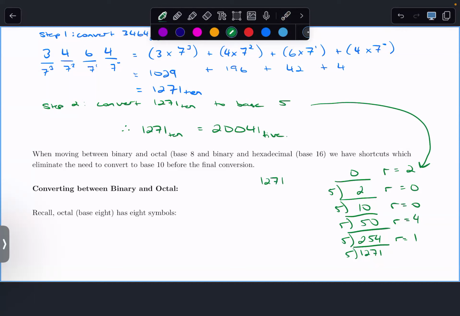I have seen this, which might be nice, but then you have to read it from the bottom up. That doesn't matter, but maybe it's nice for kind of figuring out your spacing. Then it would look like 254, and so on and so forth.